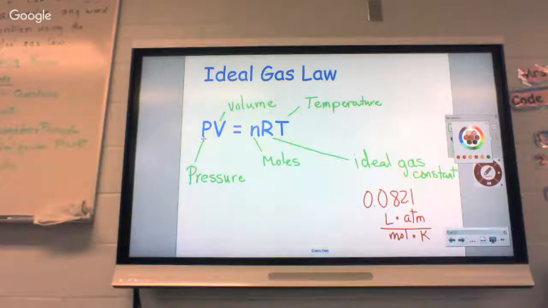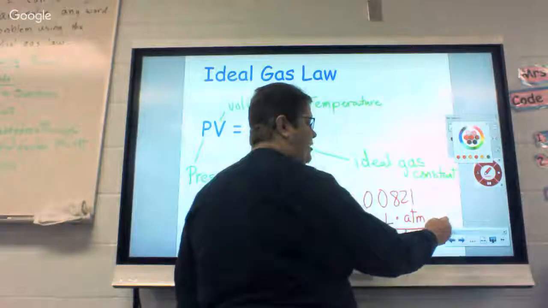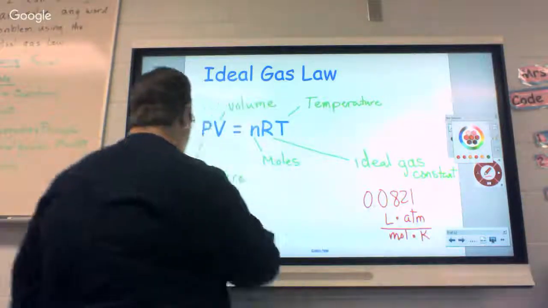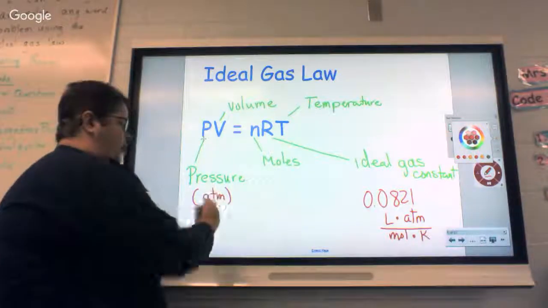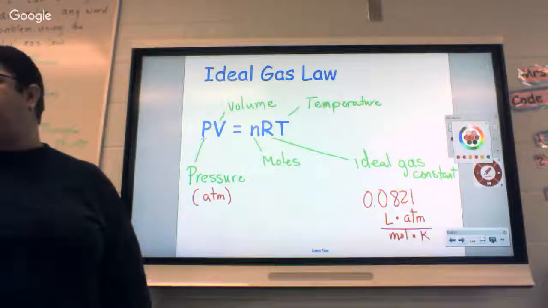That unit tells us how this number is different from the other two ideal gas constants on your reference table. Okay? This number tells us that every time we calculate pressure, our pressure has to be in what unit? So, when we calculate a word problem, if we don't change our pressure to atmospheres and use this formula, we get the wrong answer.